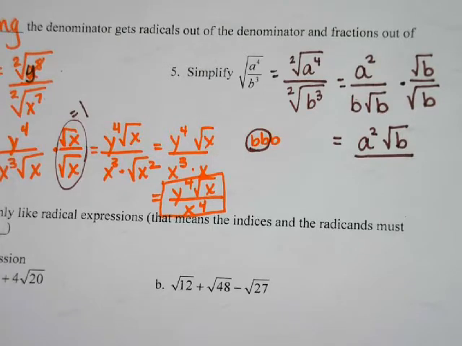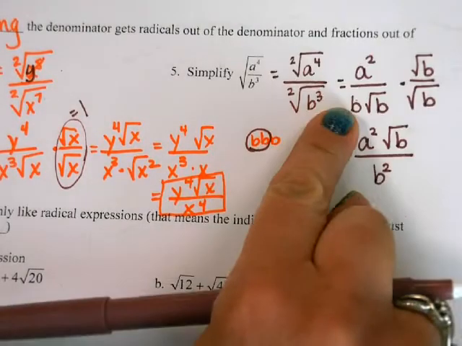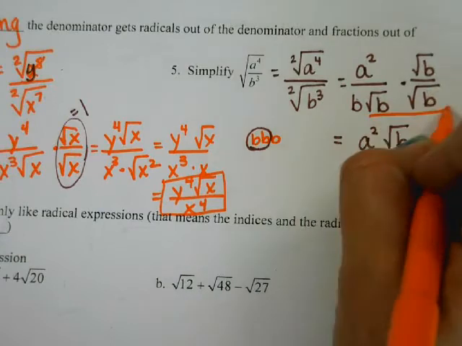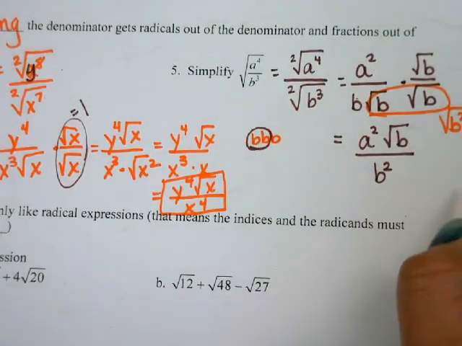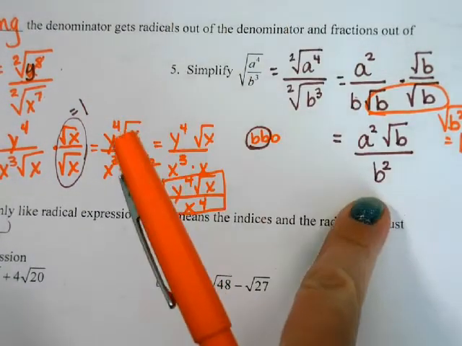What'd you say, Shina? B squared, perfect. I had one b outside. This guy becomes square root of b squared. And that's just one more b, so b times b is b squared. Whoa, sorry.